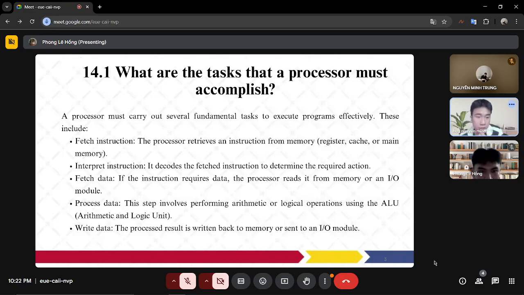This step involves performing arithmetic or logical operations using the ALU, arithmetic and logic unit. Write data. The process result is written back to memory or sent to an I/O module.